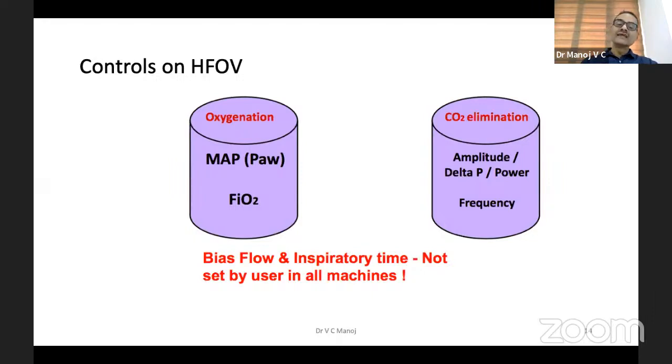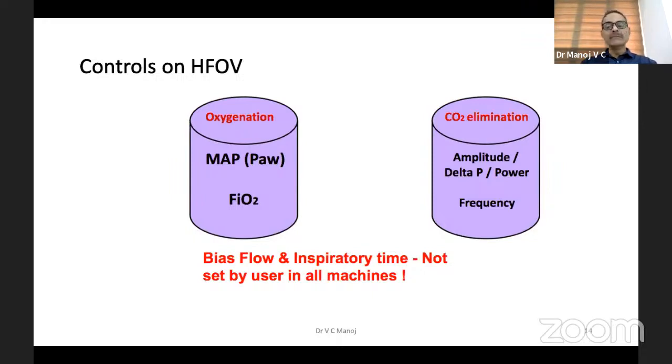So for oxygenation, there are 2 buttons that control it: the mean airway pressure, the parameter that actually determines the recruitment of lung and oxygenation, and of course FiO2, the amount of oxygen present in the gas that you give. For ventilation, you have just 2 buttons.